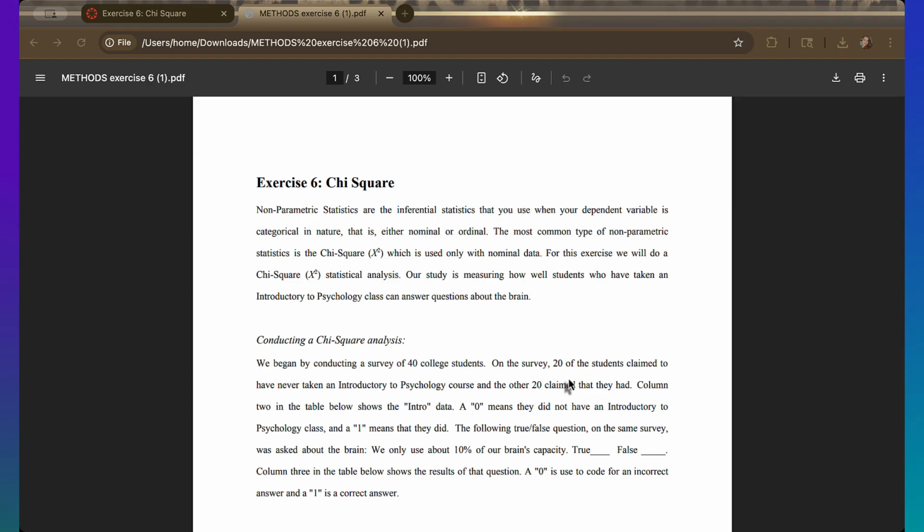To say that again, we're comparing the frequencies of what we observed in each category to the frequencies we would expect if there were no relationship between the variables. We expect no relationship, but if there is a difference, if it's large enough, then we say, okay, that's significant. That means that there is an association.